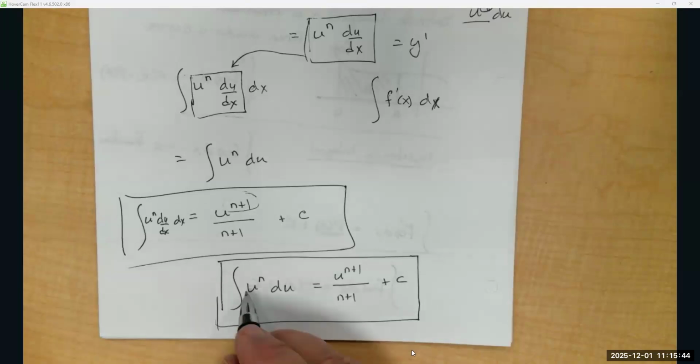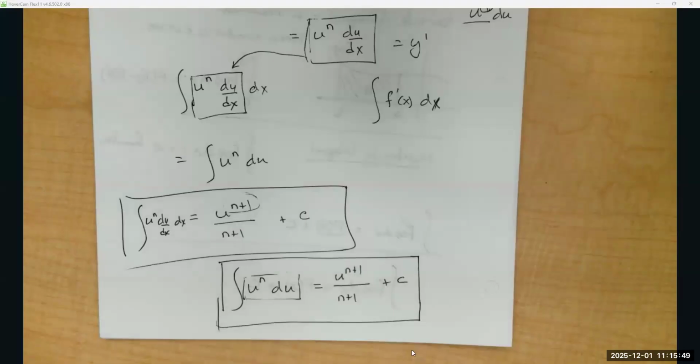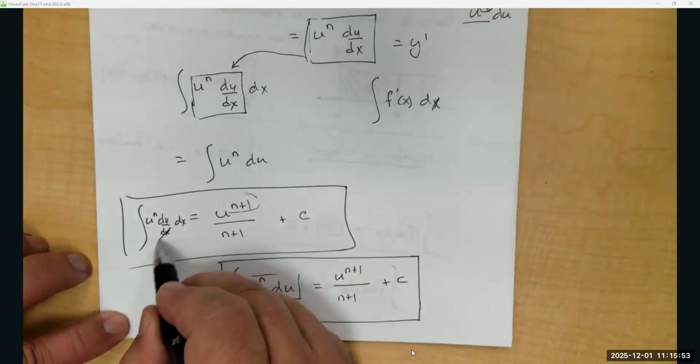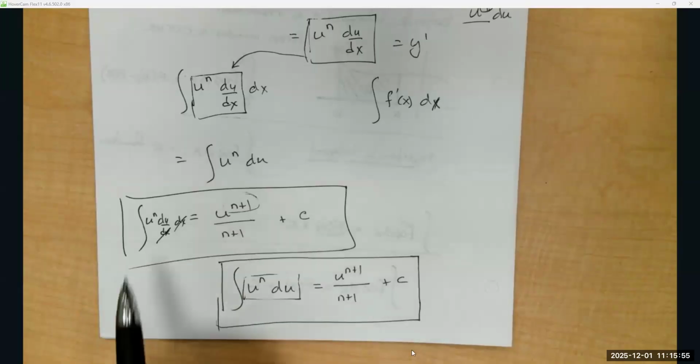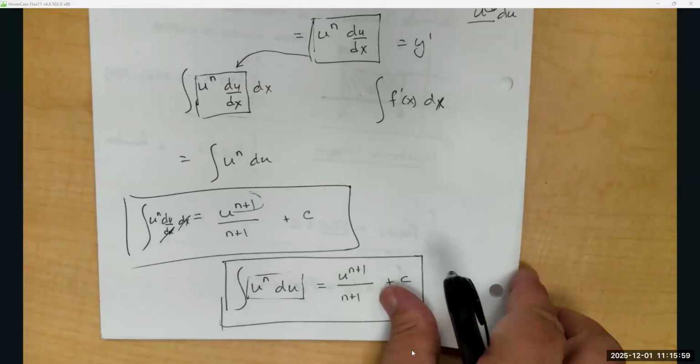Was that just strictly a textbook thing? That's just textbook. I'm showing you a straight up shortcut here. But in essence, what they're doing is the dx's cancel, and the integral gets rid of the derivative. So let's look at an example here. Let's work backwards.